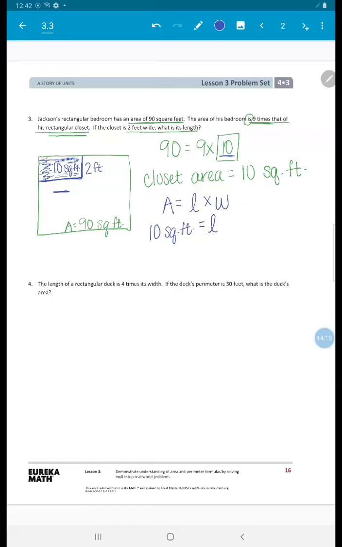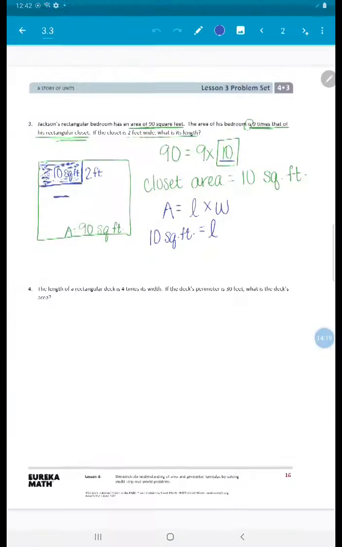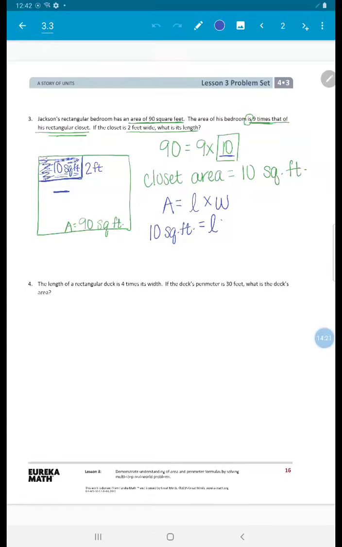I don't know the length, but I do know that the width is 2 feet. So 10 equals what number times 2? Of course, we know that 5 times 2 equals 10. So our length is going to be 5 feet.